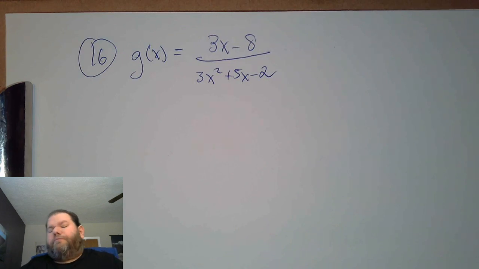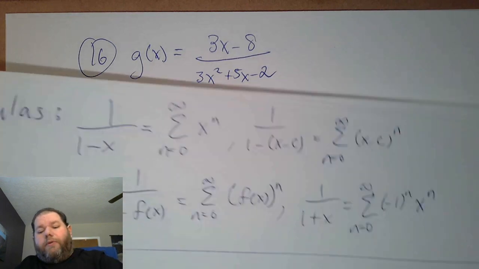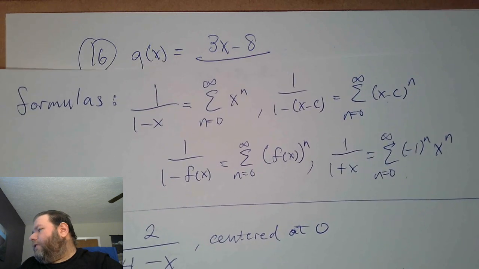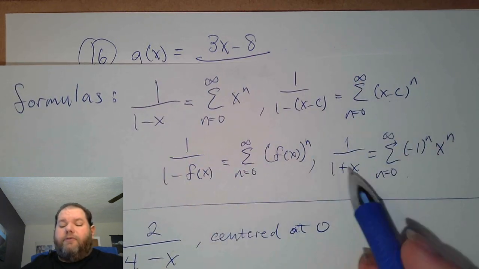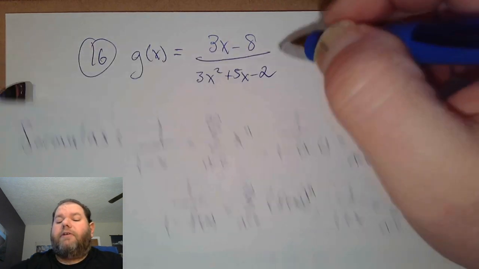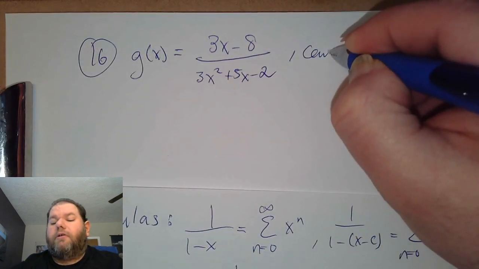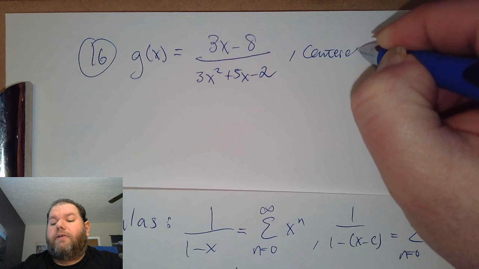Now, we look at this and say, well, this is nothing like what we've looked at so far. And again, what we know is our formulas, and our formulas only work if we have one of these situations or very similar. This is centered at 0 also, so we don't have to worry about that.